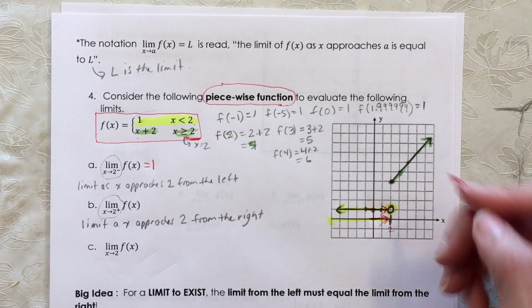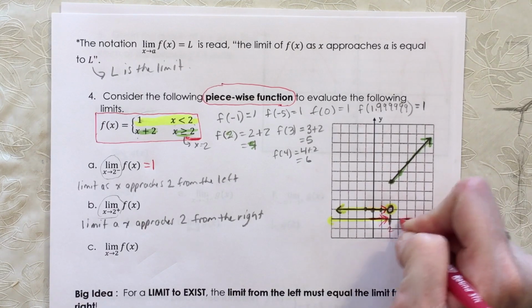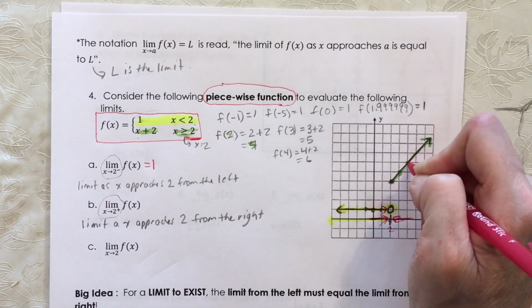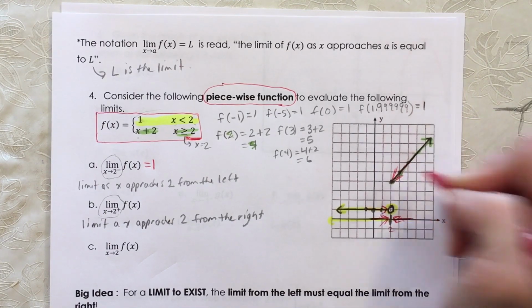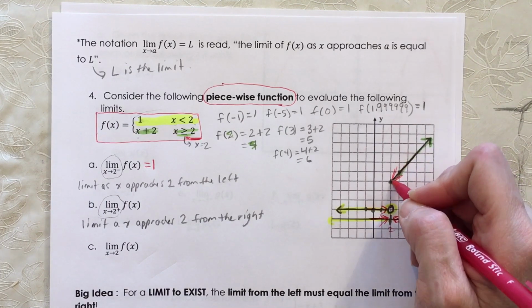So now we're going to approach 2 from the right. That's approaching 2 from the right along the x-axis. What's my curve doing? If I look up, I'm on the green branch now, and as x is approaching 2 from the right, my curve is approaching 4.